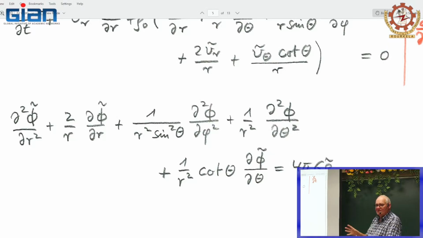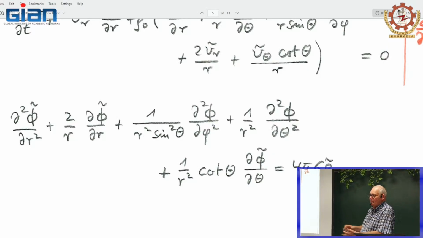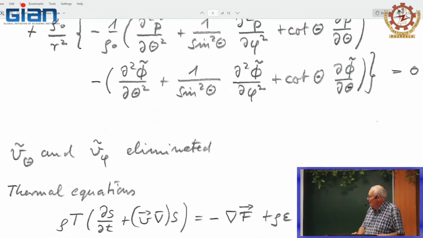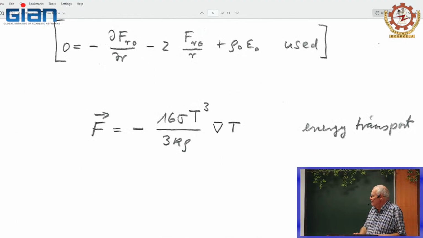So always the same combination of angular derivatives appear in this equation. Okay, how can we make convenient use of this fact?